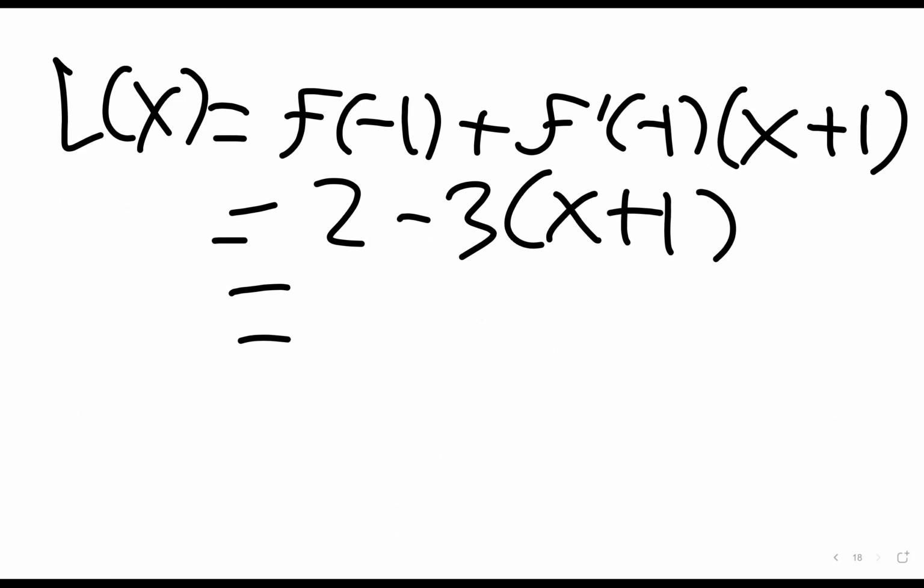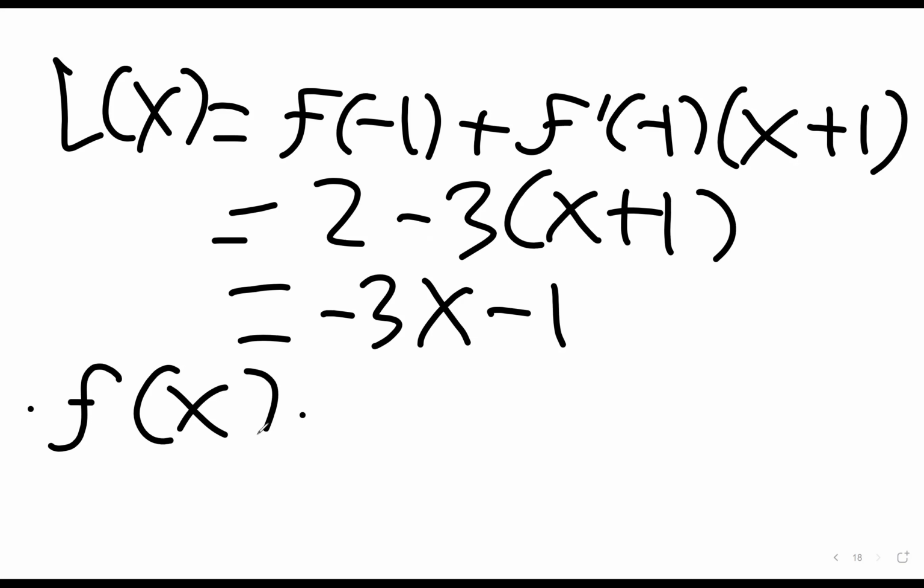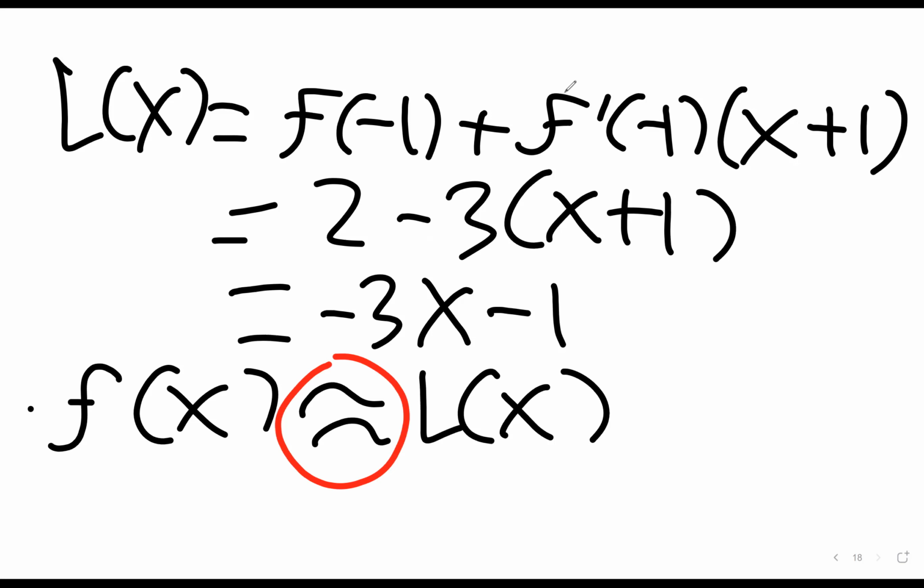In the end it becomes -3x, 2 minus 3 is -1, so -3x minus 1. The linear approximation is saying that f of x is approximated by L of x. Please pay attention to this symbol: L of x is just an approximation of f of x, it is not equal to f of x. In this case, L of x equals -3x minus 1.